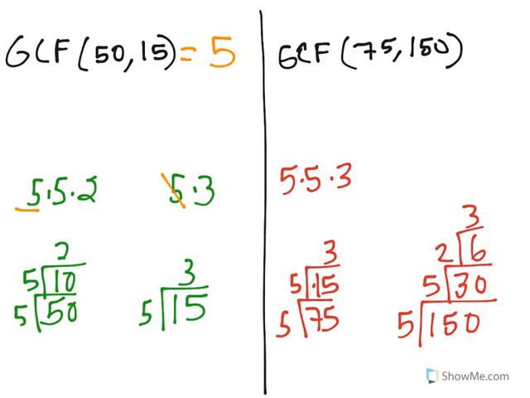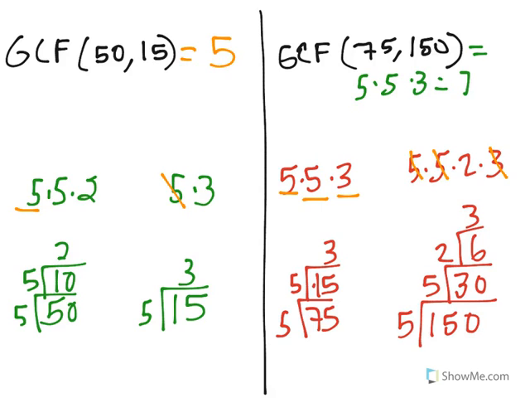So the prime factors here are 5 times 5 times 2 times 3. Let's cross off our duplicates. Okay? So that means that the greatest common factor is the product of 5 times 5 times 3, which is, of course, 75, because we can see that right there. Okay, sometimes the greatest common factor is one of the terms.